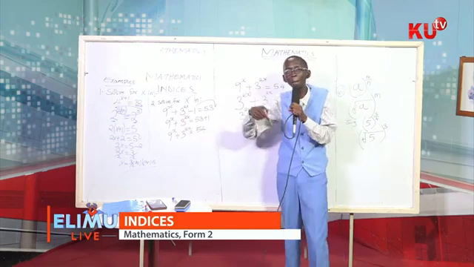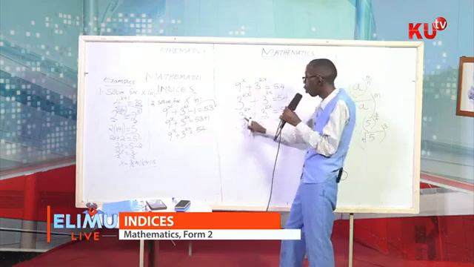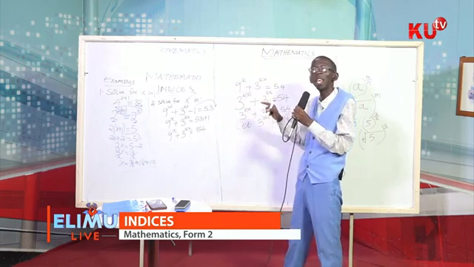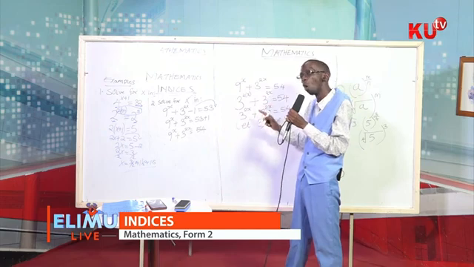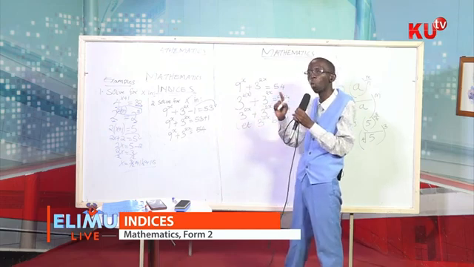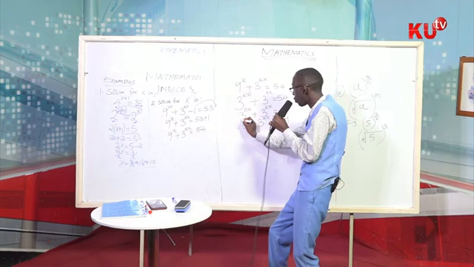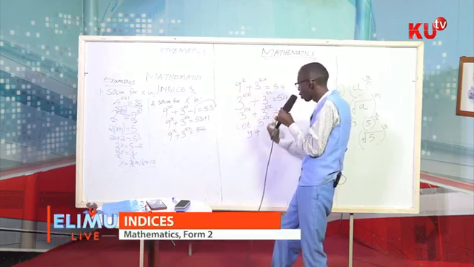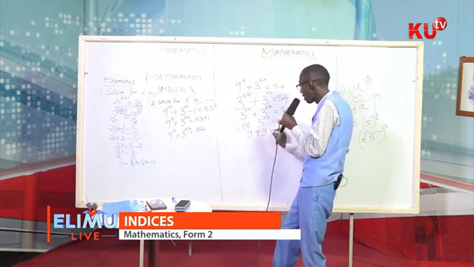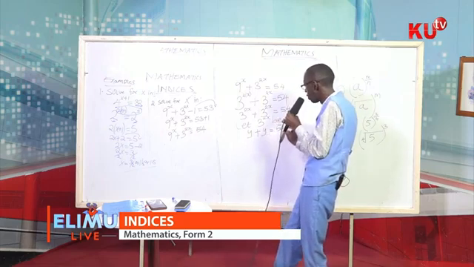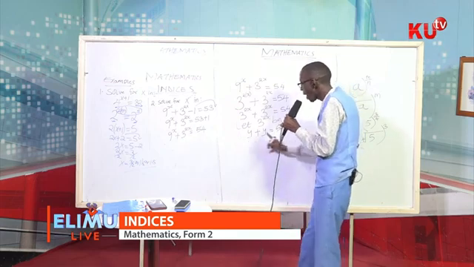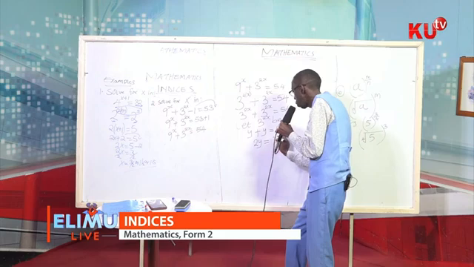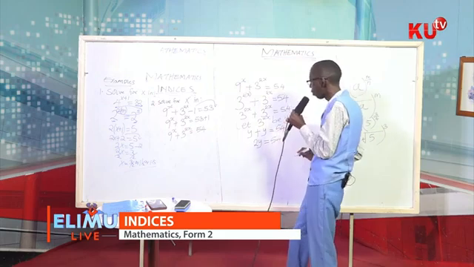So when we come back to our question, which was 3 to power 2x plus 3 to power 2x, where we have 3 to power 2x, we will substitute with y. So y plus y is equal to 54. Y plus y, 2y, is equal to 54.